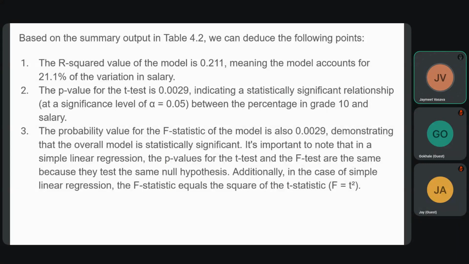For the t statistic, we have taken alpha as 0.05, which is normally taken. If the task is less severe, we can also go for a value of 0.1 for alpha. The probability value for the F statistic of the model is also 0.0029, demonstrating that the overall model is statistically significant. It's important to note that in simple linear regression, the p-values for the t-test and the F-test are the same because they test the same null hypothesis.